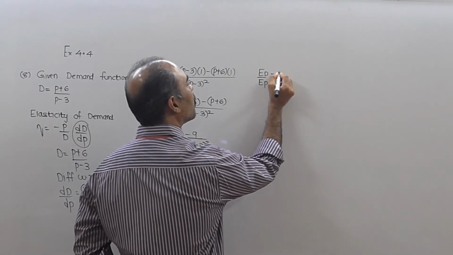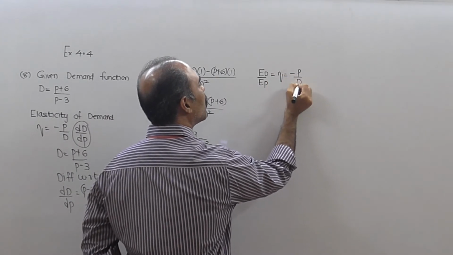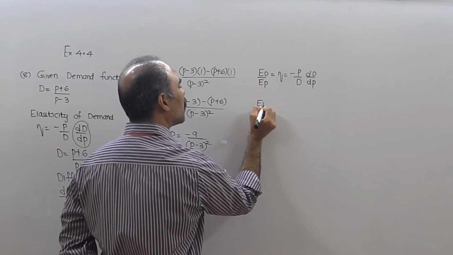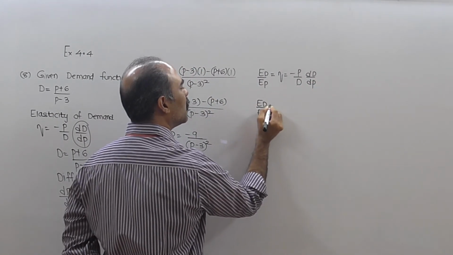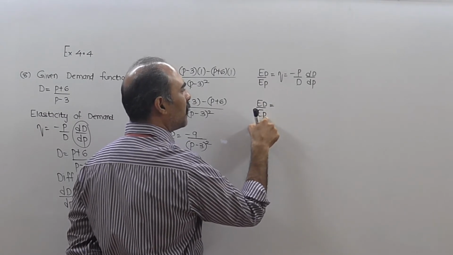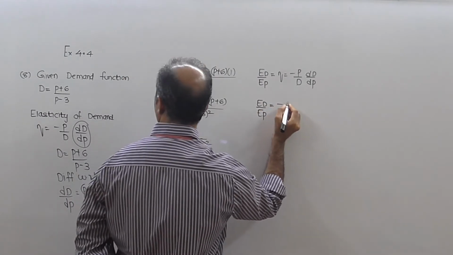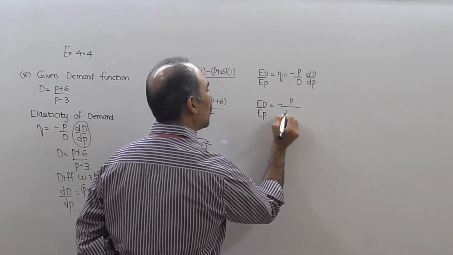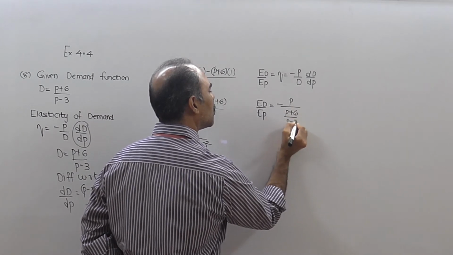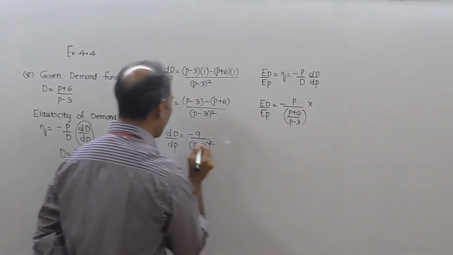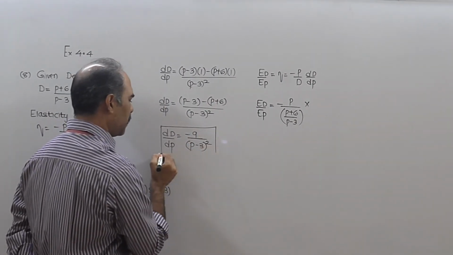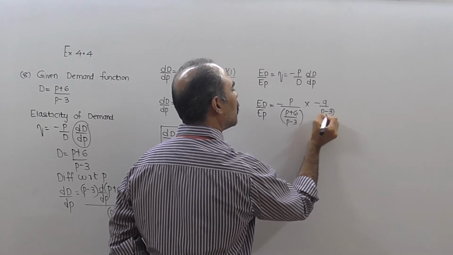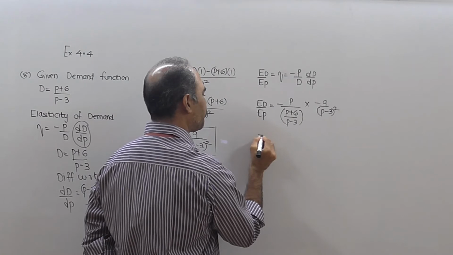Eta is equal to minus P upon D, dD upon dP. So you can also write ED upon EP, because that is also the way to write elasticity of demand with respect to price. Minus P, D is there in the question, so I will have P plus 6 upon P minus 3 multiplied by dD upon dP, which is minus 9 upon P minus 3 the whole square.